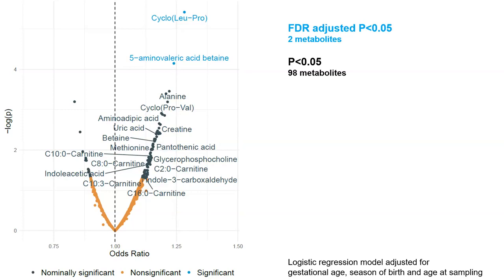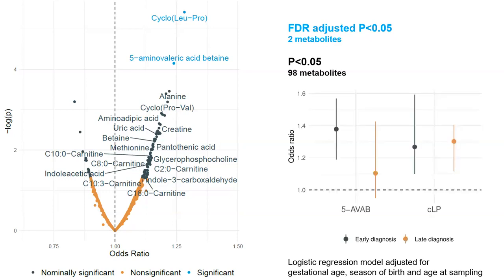However, when we adjusted for running very many different multiple tests, which you will hear more about during the stats section on Friday, only 2 metabolites remained significant, and those were cyclo-leucine-proline and 5-aminovaleric acid. We looked in detail at these two metabolites.